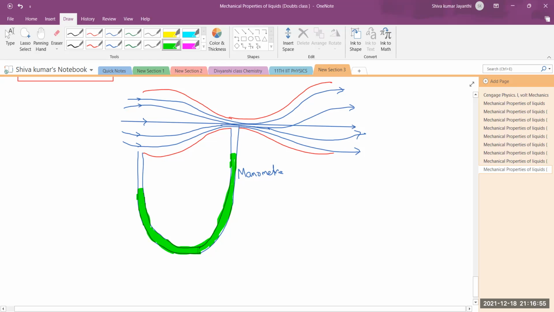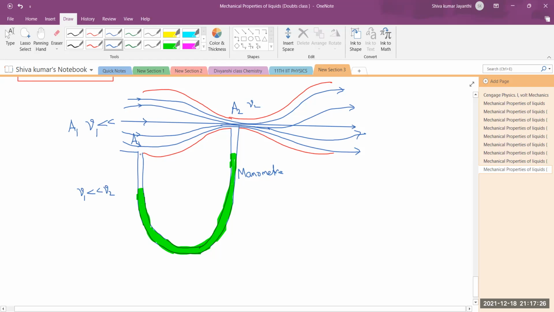You can very clearly see because of the differential areas. Here the area A1 is very high compared to this area A2, which is very, very low. So the velocity of the fluid V1 is very, very less compared to the velocity V2. Is it or not?